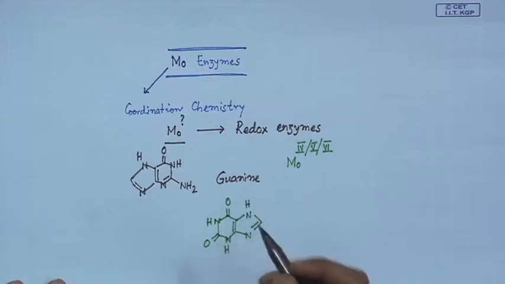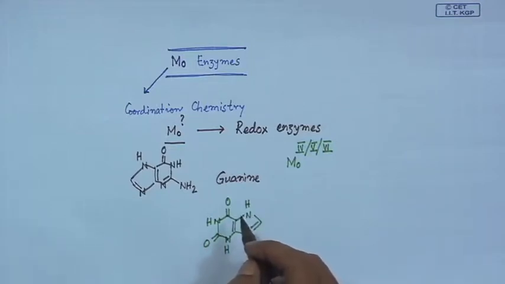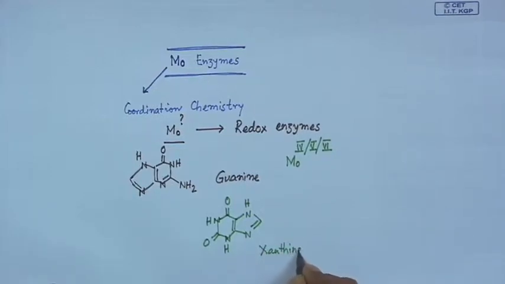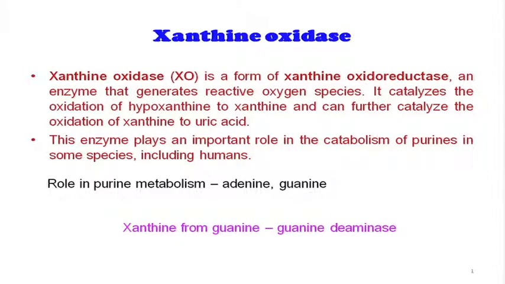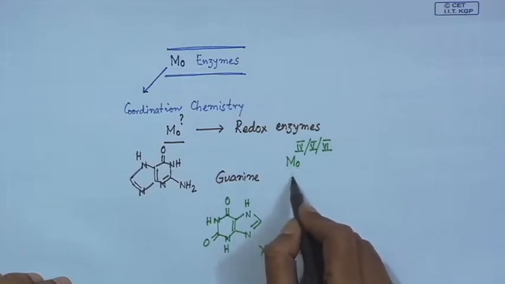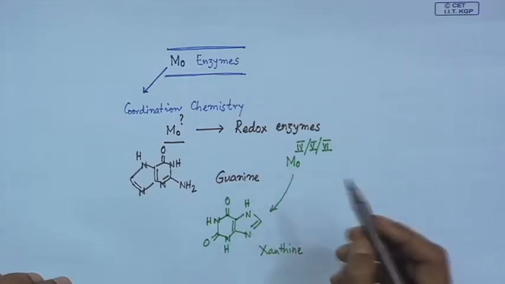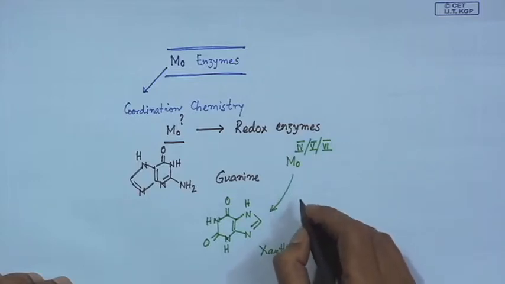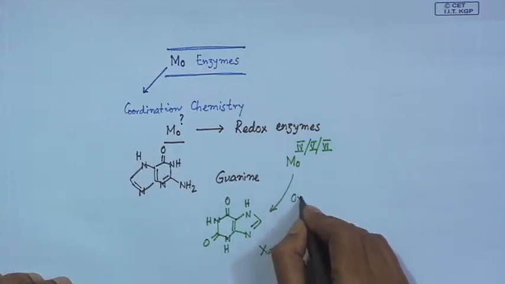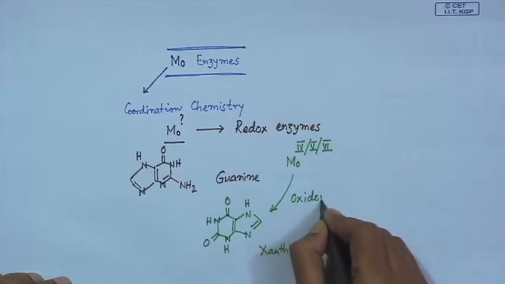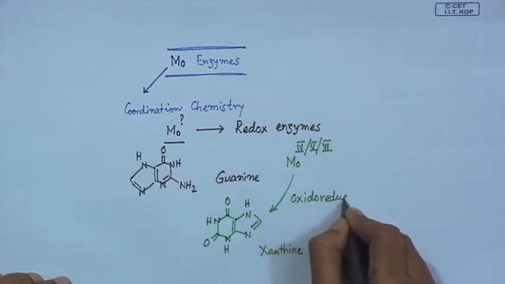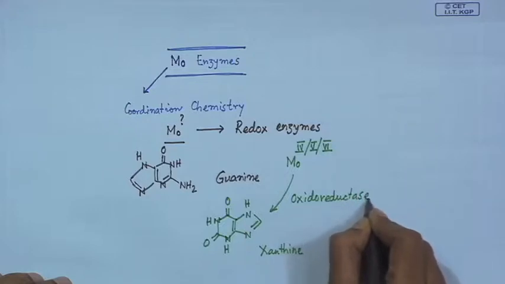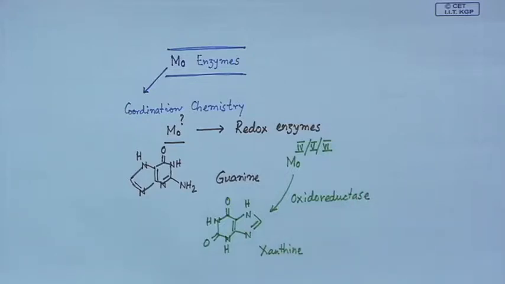The basic change from this is that this is our xanthine molecule, and we will be talking about how these centers, that means the molybdenum enzymes, function as the corresponding oxidoreductase family of molecules. So, these are therefore the corresponding oxidoreductase activity.